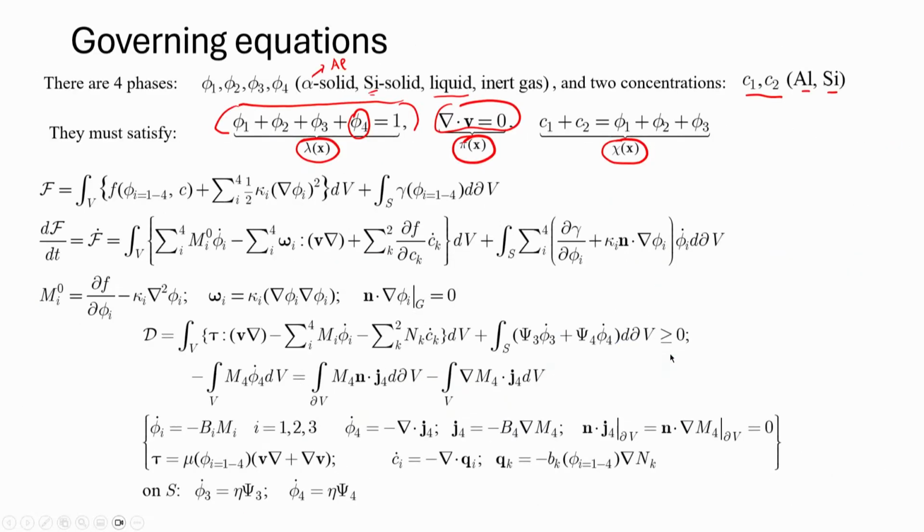Then when I take the time derivative, after some manipulation, I can get that time derivative in the following form: rate of change of phase fields and their conjugates for all phase fields.